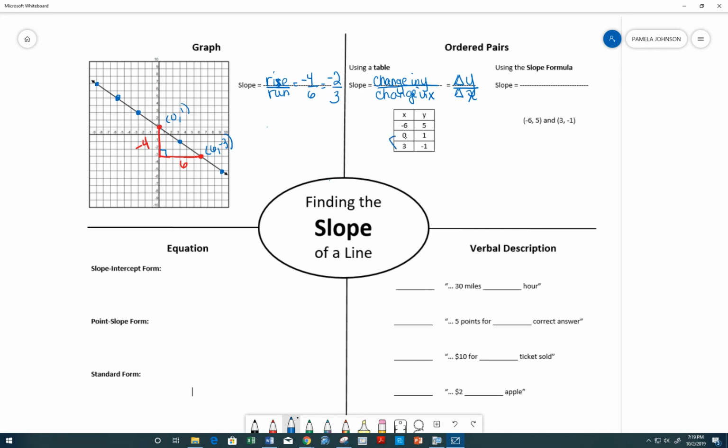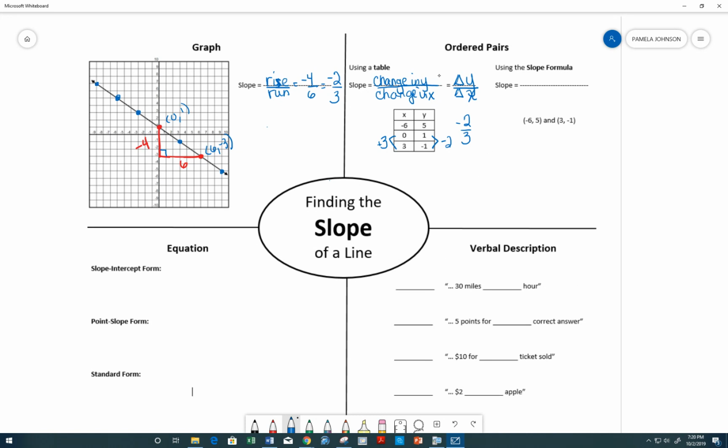Let's go here. From 0 to 3, I go up 3, but from 1 to -1, I'm going to go down 2. Now when I put that into my format of change in y over change in x, I get -2 over 3. Okay?